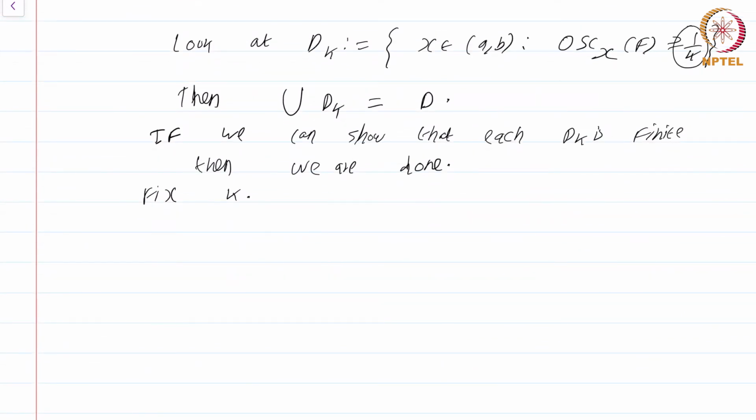Now note that each discontinuity x in D_k is a jump discontinuity.